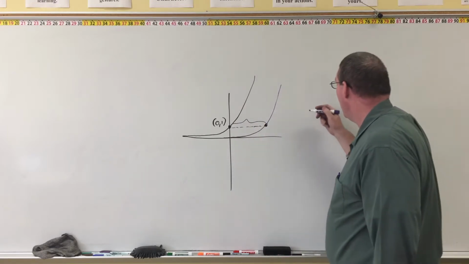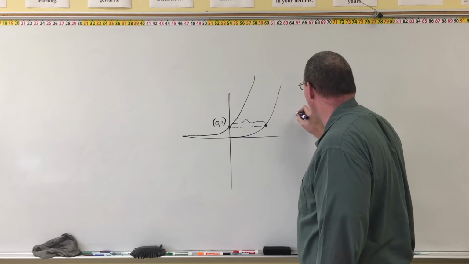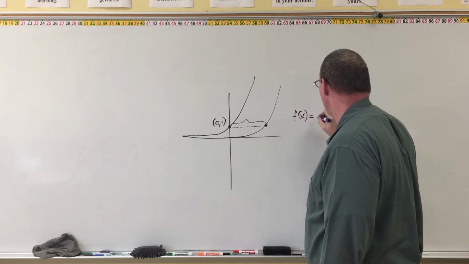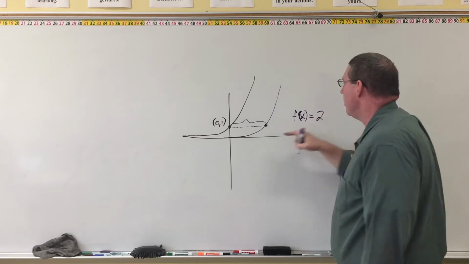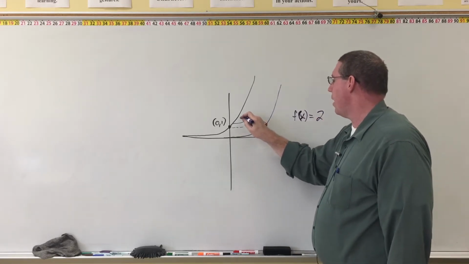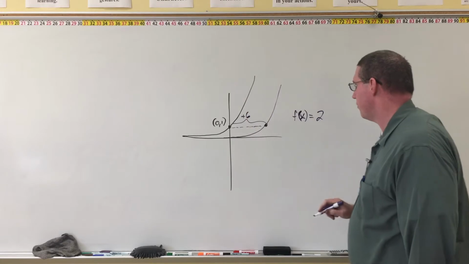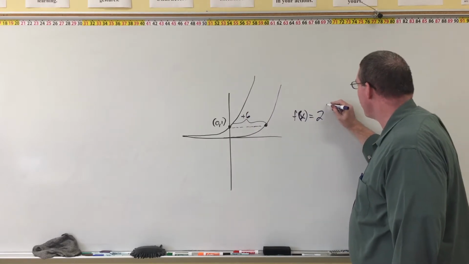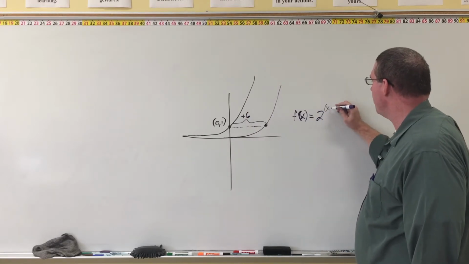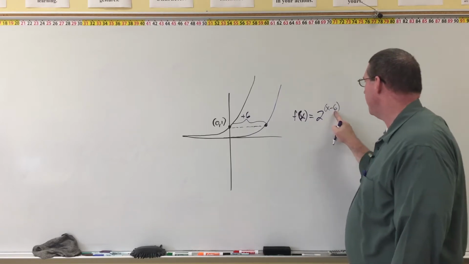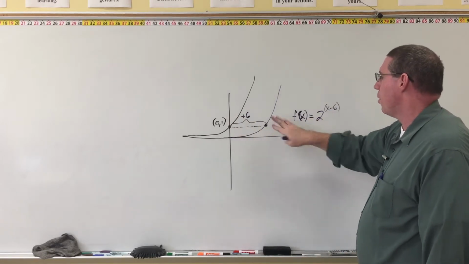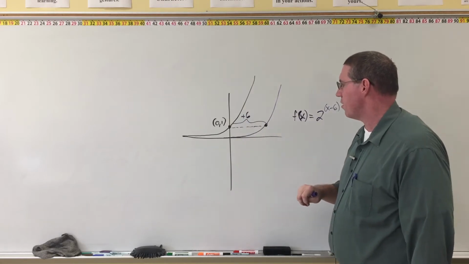And if you recall, when we did the exponential, let's say f of x is equal to 2 to the x, and let's say that this was a positive 6 shift. Then in the exponent with the x, we would put x minus 6 to indicate a positive 6 or a rightward shift of 6 units, right?